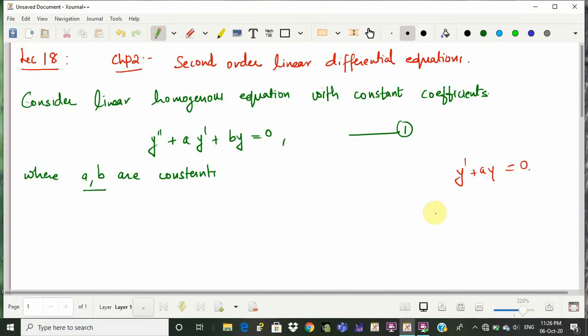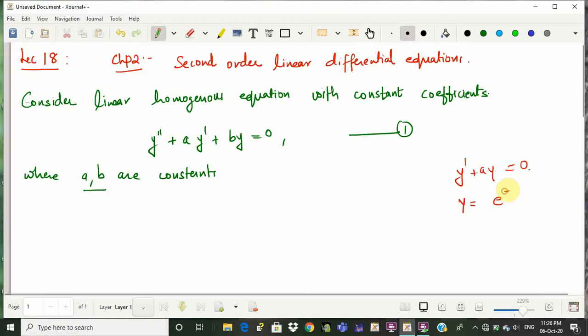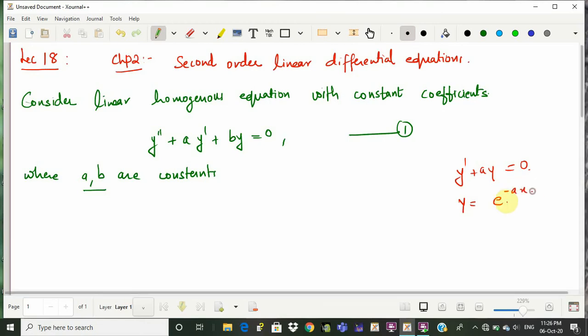We all know that the solution of this is nothing but e raised to minus ax multiplied by some constant.